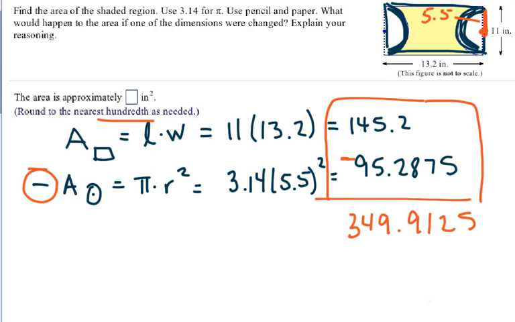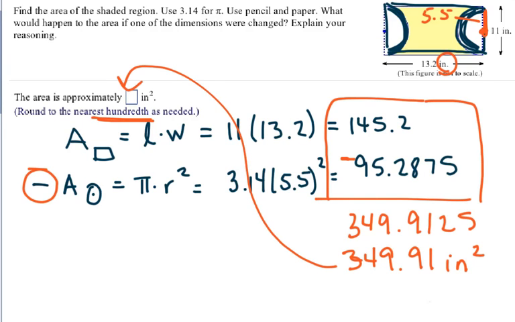And we are supposed to round to the nearest hundredth, so 49.91, and we're talking about area. The label is inches here, so I have square inches. Alright, I'm not going to worry about what would happen if one of the dimensions changed. So we're going to go on to the next example.